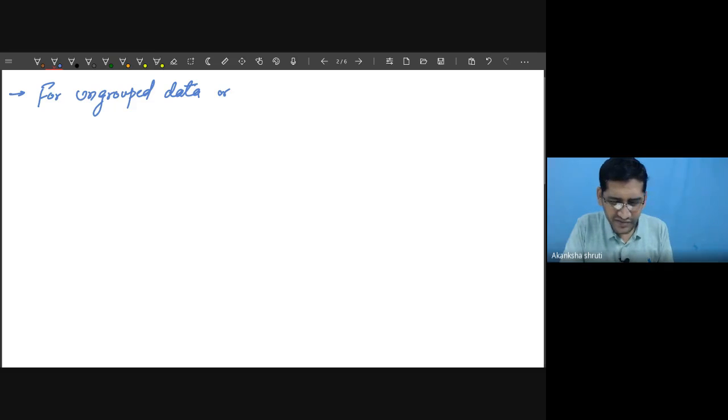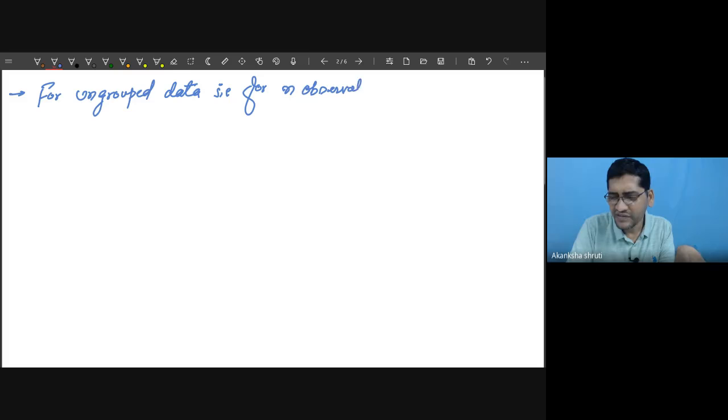So the best way of identifying ungrouped data is that for n observations there will be n data.